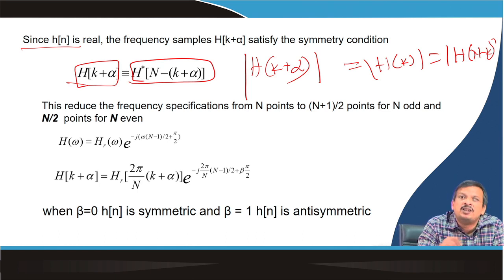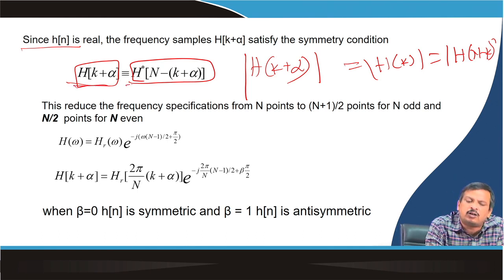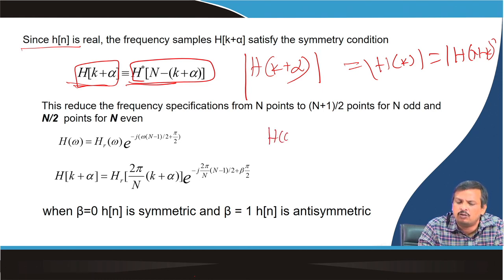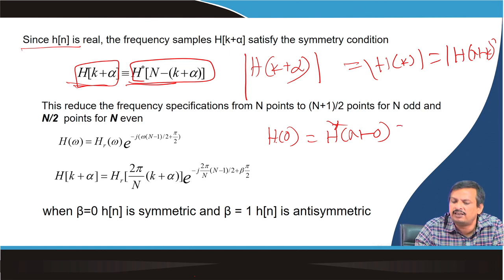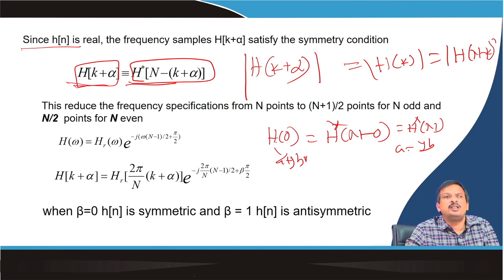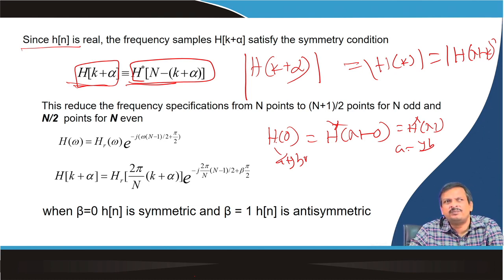In the complex domain, it is nothing but a complex conjugate. So, if it is H(0), then I know its complex conjugate is H(minus 0) star, which is nothing but H(N) star. So, if this is A plus jB, this will be A minus jB. The complex conjugate, I have given an assignment problem on this step also.